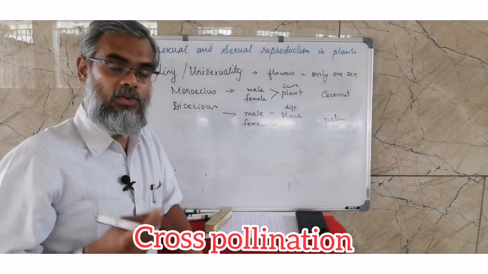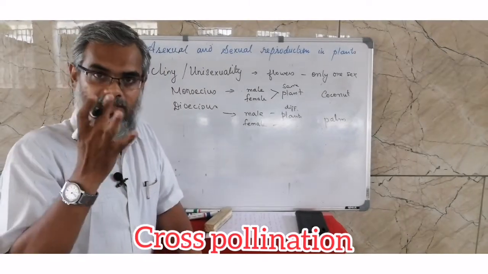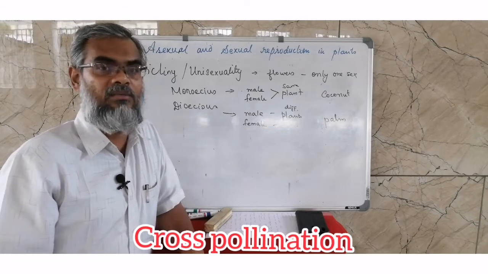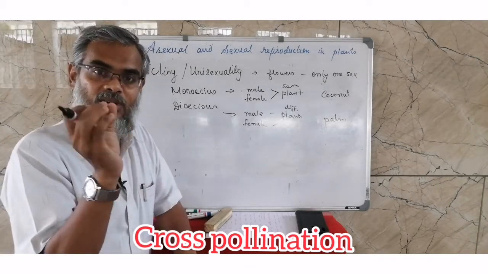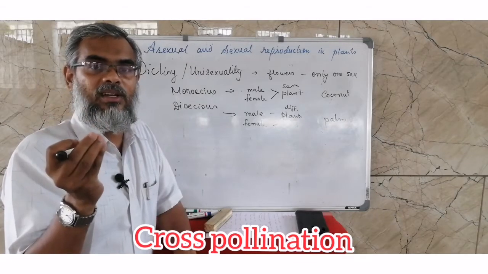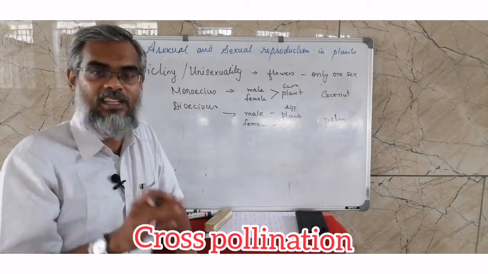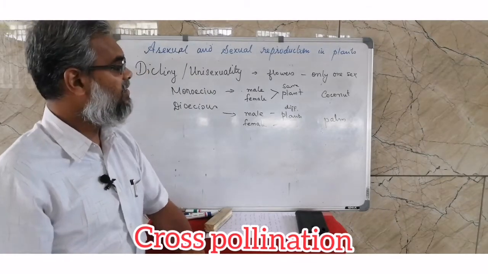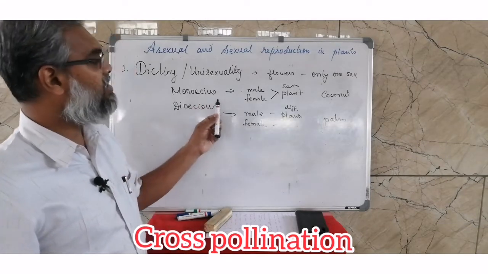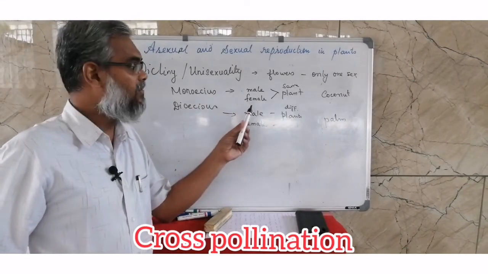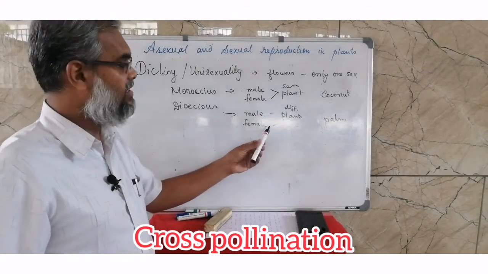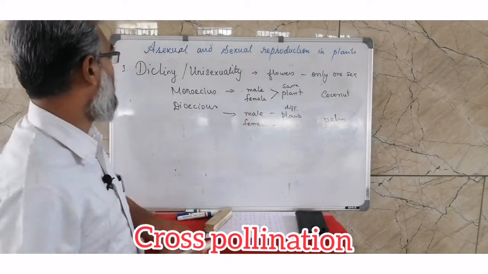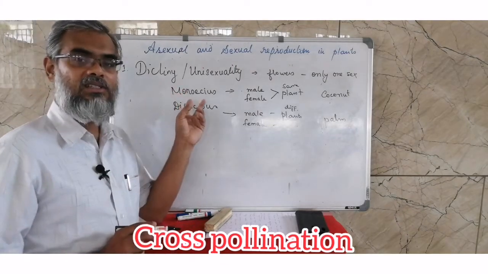You would have observed that in some papaya plants, fruits will not come because it is a male plant that develops only small male flowers. It doesn't produce any fruits. So monoecious is male flower and female flower present in the same plant. Dioecious, male flower and female flower are present in different plants. Okay, understood?